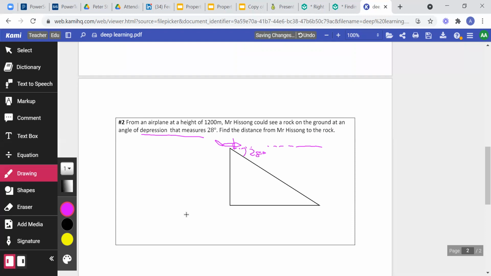And the same angle is brought down here because we have alternate interior angles, okay? And if someone from here could see a rock down here, it means that from where the plane is to the rock, Mr. Isong, the distance is 1,200 meters.